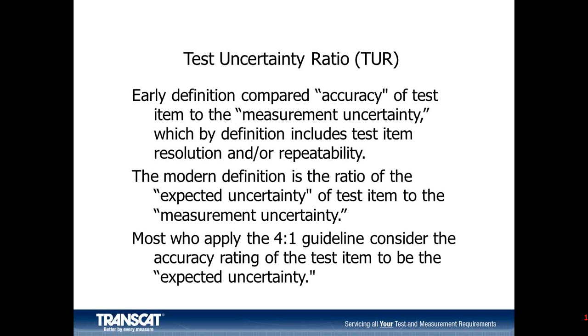All right, so because of the variability in the definition of accuracy, the term evolved to test uncertainty ratio, and the early definition of this term compared the accuracy, the rating of the test instrument, to the measurement uncertainty of the standard.